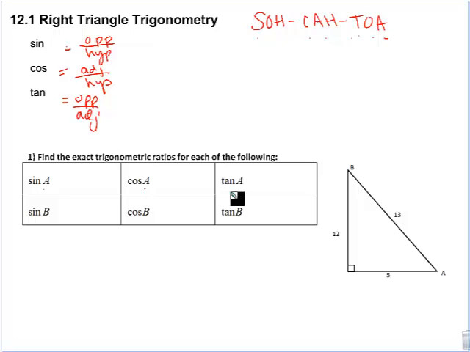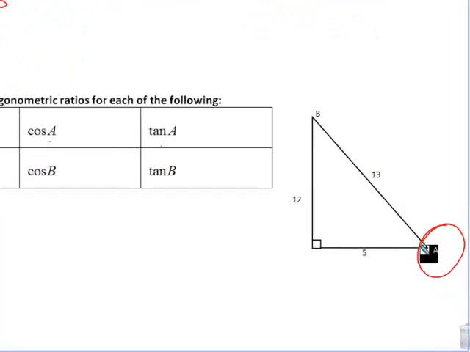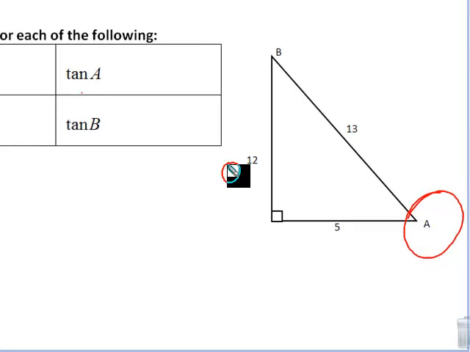So what angle are we going to focus on in the diagram? A. If you are not good at just looking at the triangle and figuring out which side is which, I'm going to strongly suggest that you label the sides. So for A, what side would be opposite from A? 12. You can label that side with an O standing for opposite.